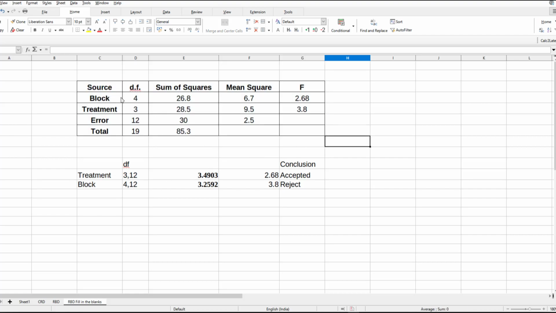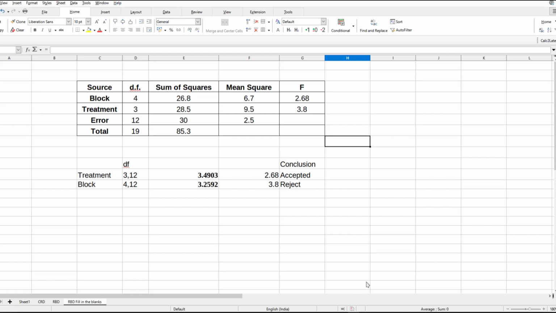The same will be applicable for your CRD, completely randomized design, and RBD. And you can also calculate them for LSD. Right? So we have done examples of completely randomized design and randomized block design.